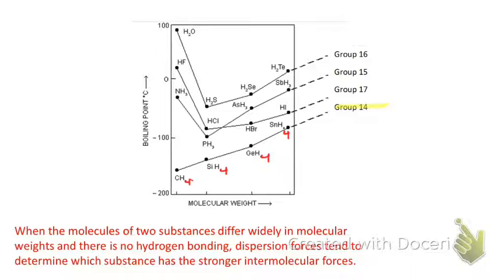In general, all of these elements bonded to 4 hydrogens are going to have the same tetrahedral shape. And in general, if you look at these, they're all nonpolar.